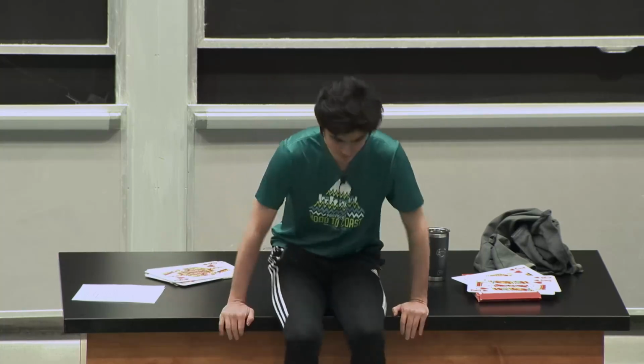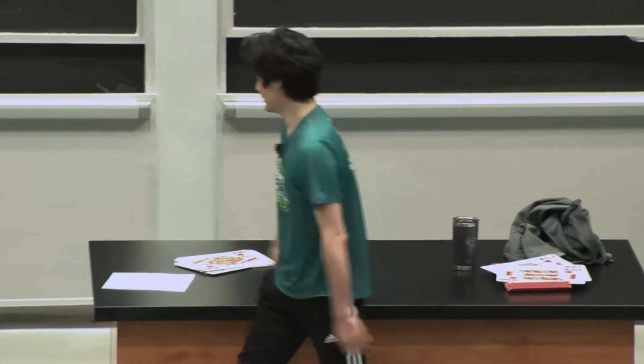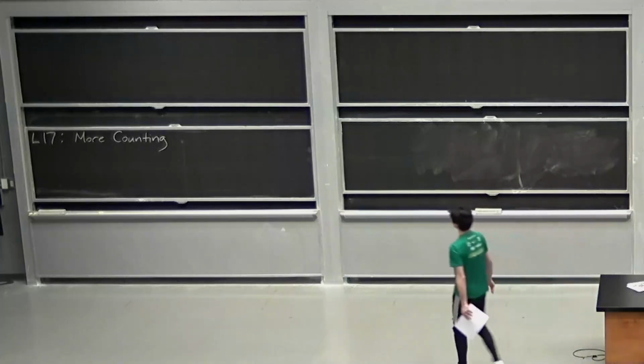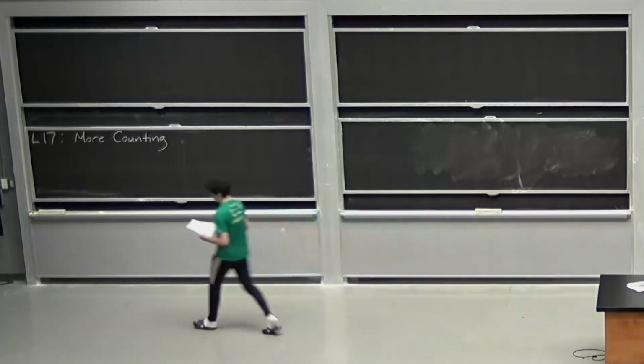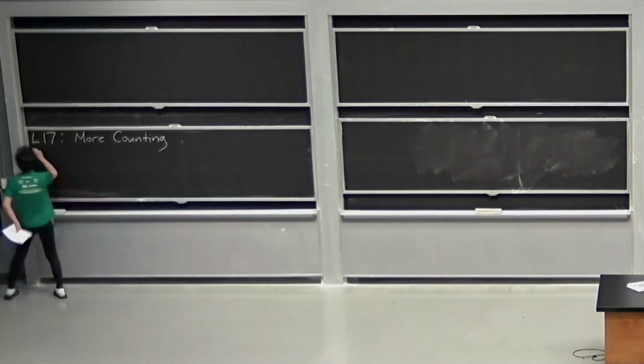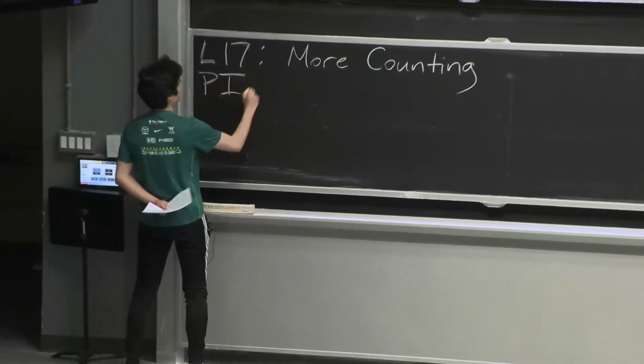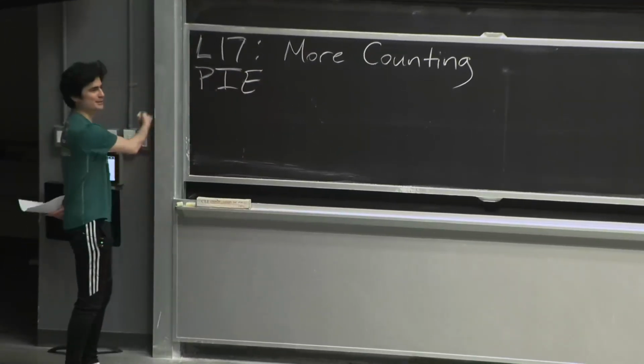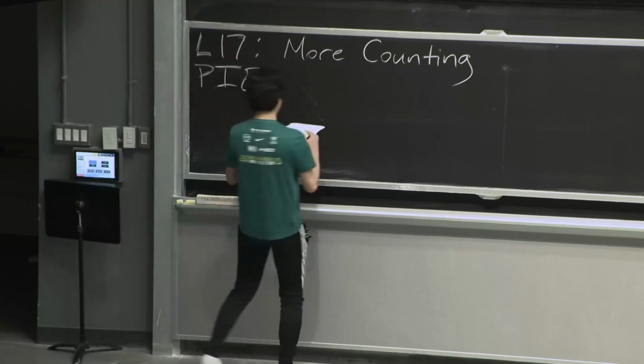Okay. So this is what we call the inclusion-exclusion rule, or the principle of inclusion and exclusion, often abbreviated as PIE for principle of inclusion-exclusion. Okay.